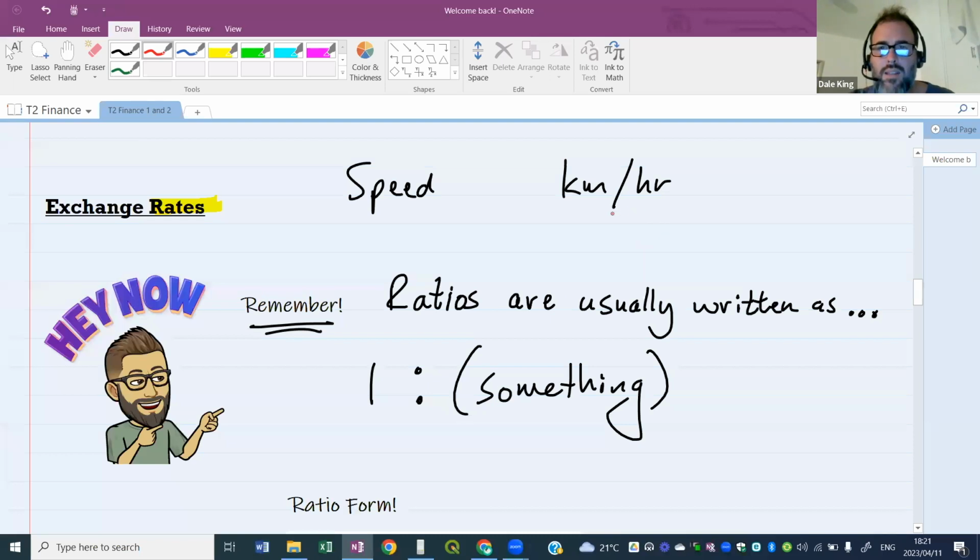So this rate here, why do they call kilometers per hour a rate though? Why don't they just call it a relationship or something like that? There's something special about that. When you talk about a rate, the second unit in this little thing that I've written here, kilometers per hour, is always expressed as 1. So in this case, it's how many kilometers per 1 hour.